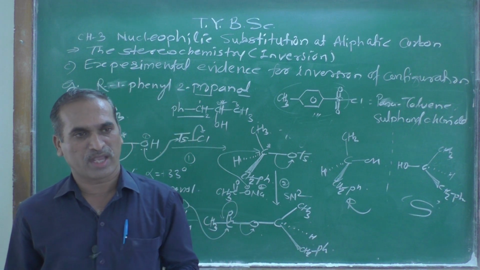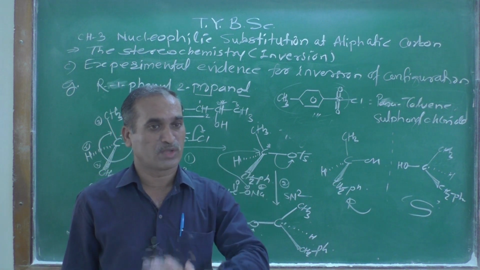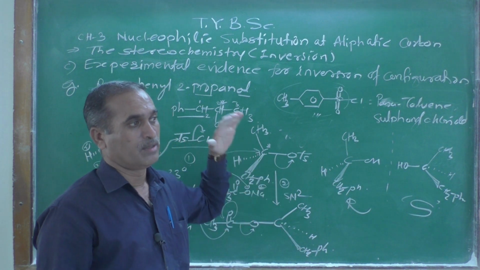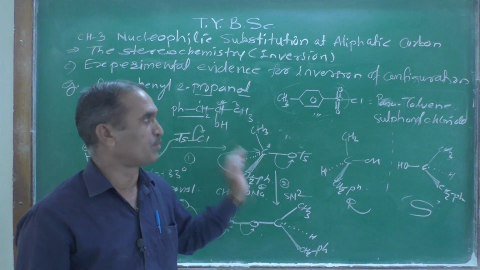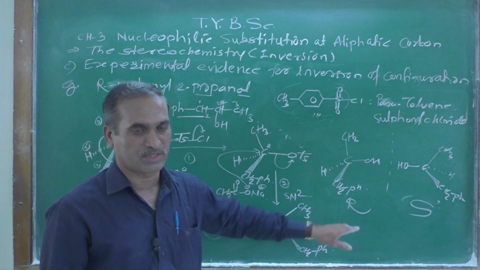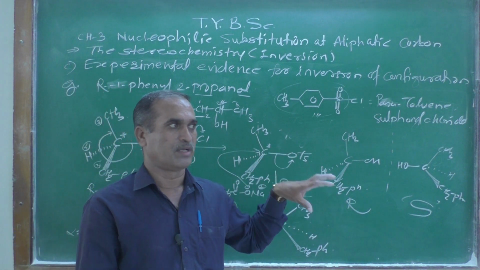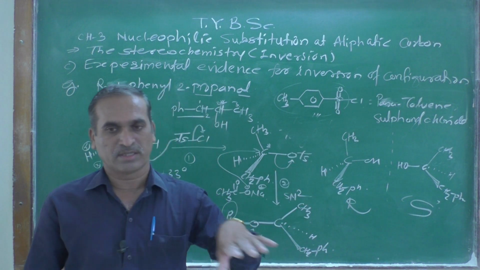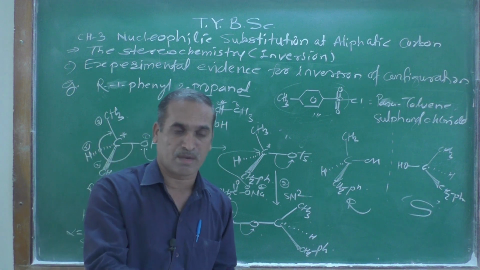What is an SN2 reaction? Give the evidence for the SN2 reaction. So this is one of the best examples to prove the inversion of configuration. Starting with the chiral center, if your substrate has an S configuration, your product should have an R configuration.